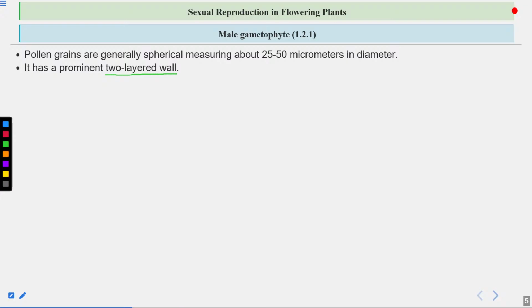Yes, they have the two layers. The outer wall is called exine, as it is present outward, and the inner one is called intine.